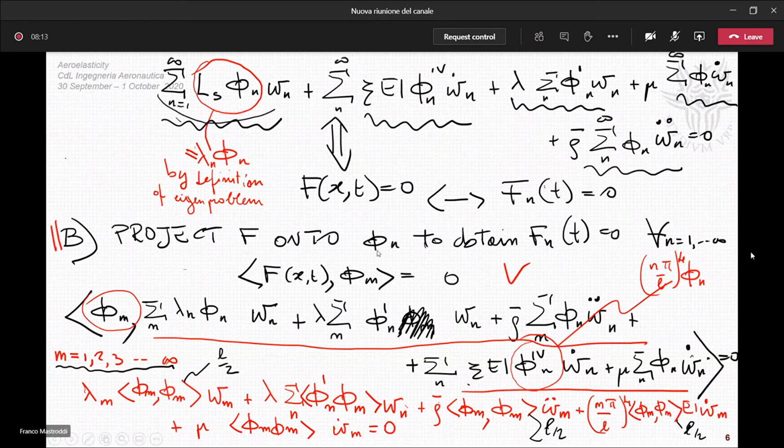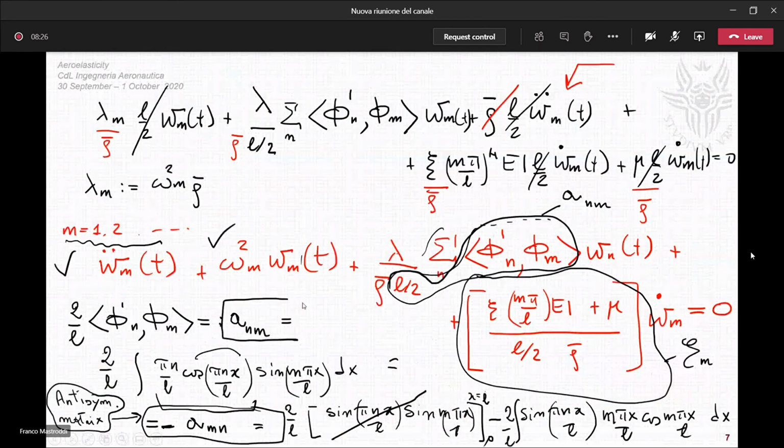And we did this phase. We project the original equation. This is the projection here. And at the end of the lesson, after this projection phase, we obtain these red equations, which are independent, infinite equations, isolated and uncoupled as concerning the structural part.